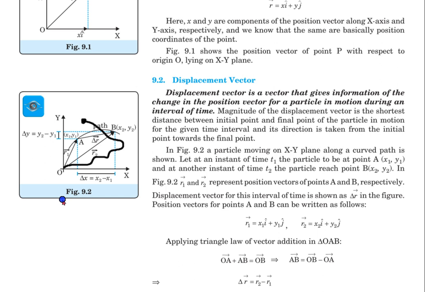The distance traveled by the marble will be the real, full length of the path followed by the marble. Suppose this length is 6 feet. The total path length of the marble is 6 feet, and that is the distance.